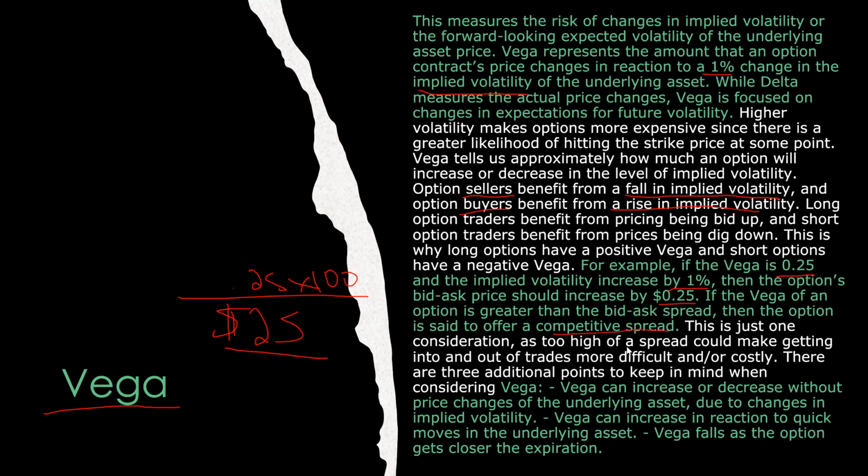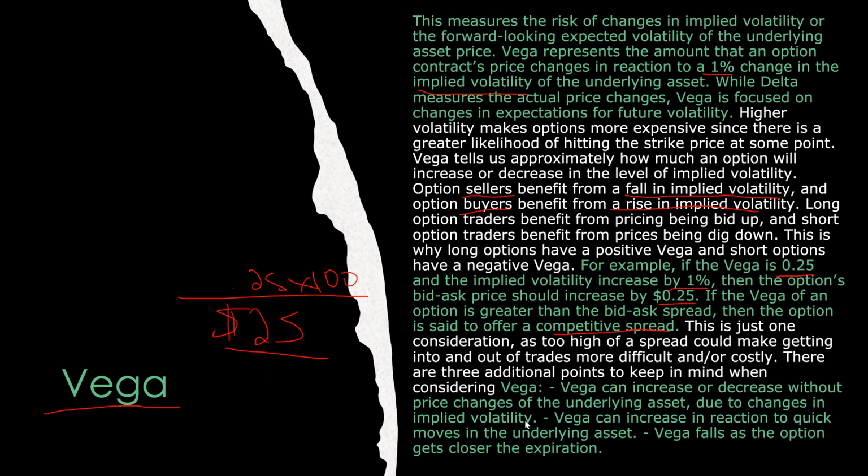Remember, you're supposed to check those bid-asks. We're going to go over that in tomorrow's class, but Vega has an impact on it. Too high of a spread could make getting in and out of trades extremely difficult. If you've ever tried to close an iron condor in a flat market, you can find out how difficult it really is.